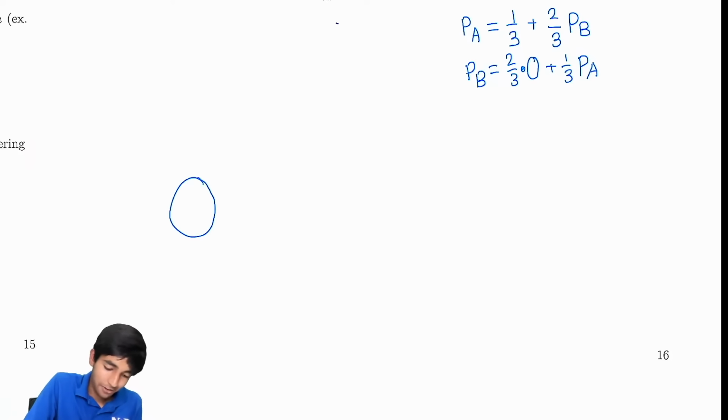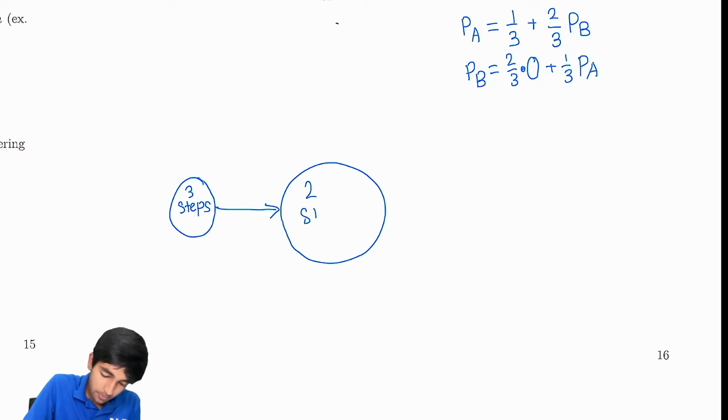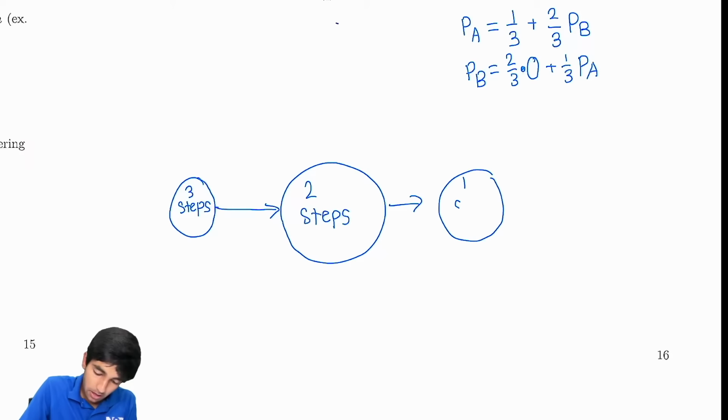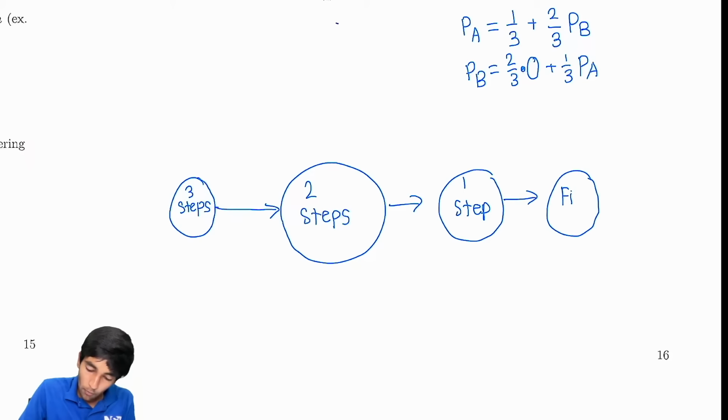I just took a random example. So let's say they're 3 steps away. So you can be like, okay, 3 steps away, and then 2 steps away, and then 1 step away, and then finish line.